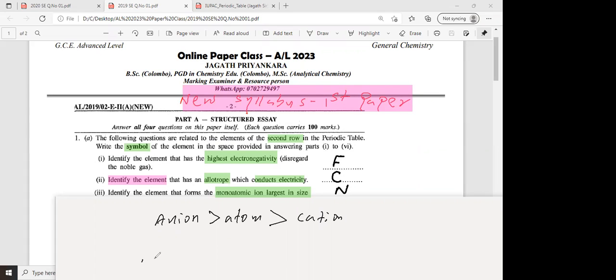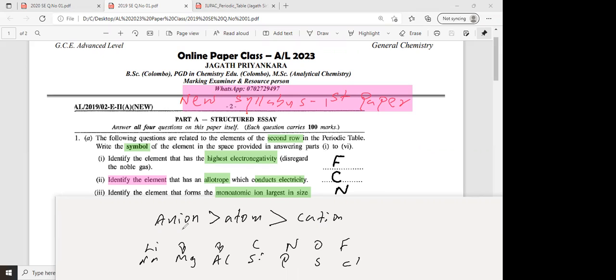So if you take sodium, magnesium, aluminium, silicon, phosphorus, sulfur, chlorine, or even lithium, beryllium, that means the second row, boron, carbon, nitrogen, oxygen, right? So fluorine, chlorine. Now look at the screen.